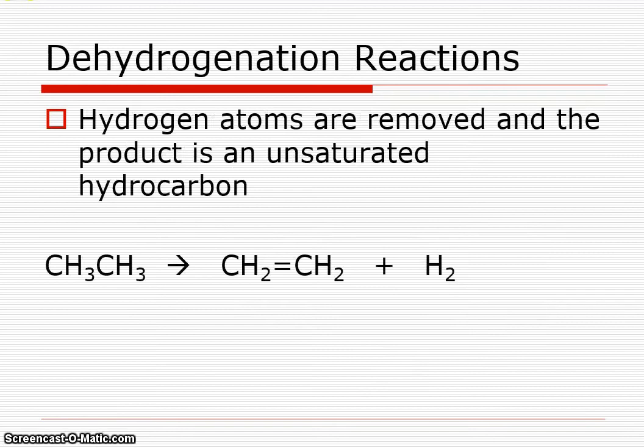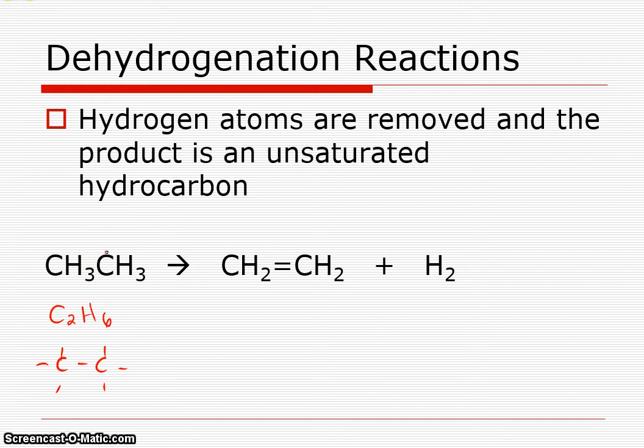And then our final reaction is a dehydrogenation reaction. Hydrogen atoms are removed and the product is an unsaturated hydrocarbon. And this will make a little more sense when we start alkenes next. But basically we have CH3CH3, which is our same thing as C2H6. But we can write it that way and we can write it this way.